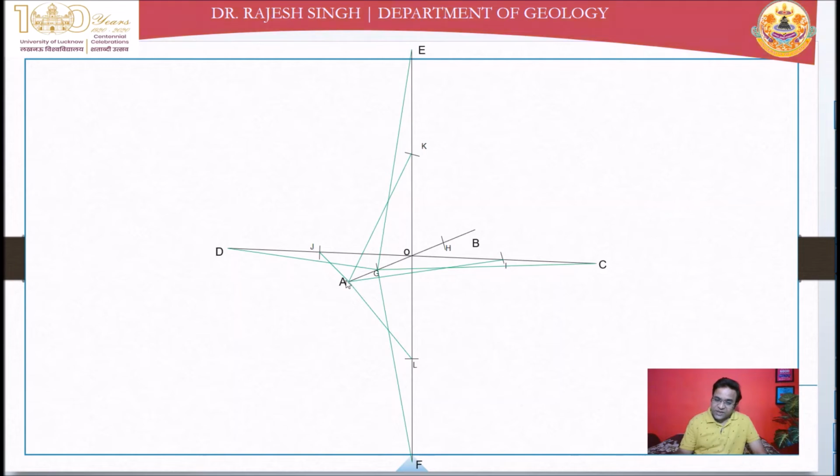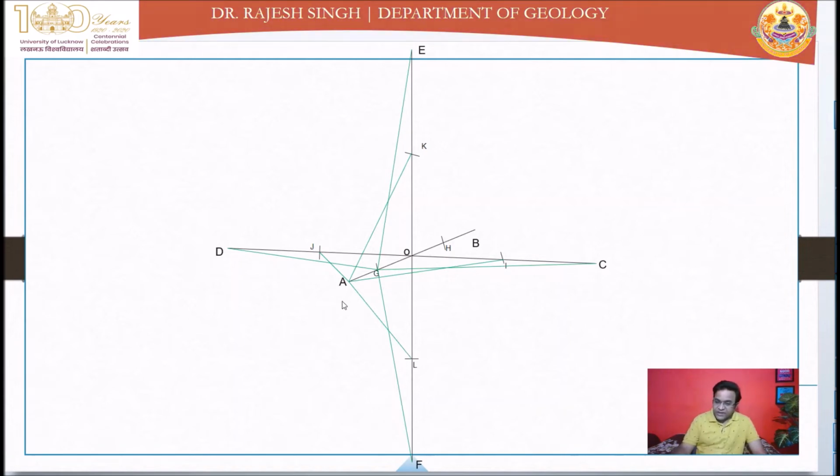These green lines are joining the midpoints of the A1 and A2 axes, and the lines starting from G are joining the endpoints of the A1 and A2 and A3 axes.